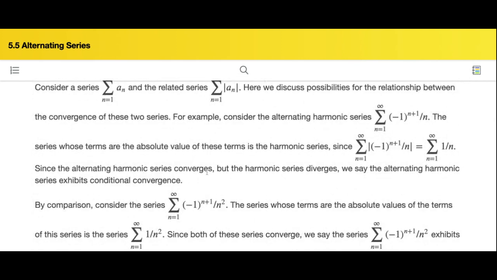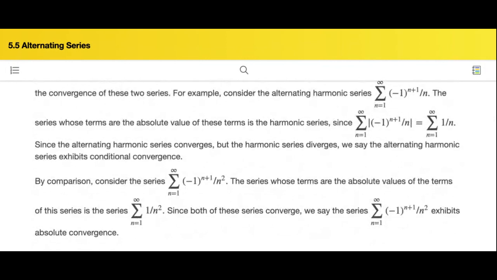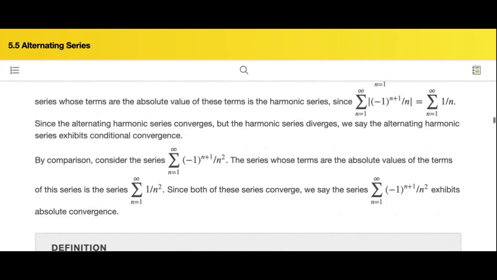Since the alternating harmonic series converges but the harmonic series diverges, we see that the alternating harmonic series exhibits conditional convergence. By comparison, consider the alternating p series with p equal to 2, and the series whose terms are the absolute values of those terms, the p series with p equal to 2. Since both of these series converge, this alternating series exhibits absolute convergence, because it doesn't matter, right?